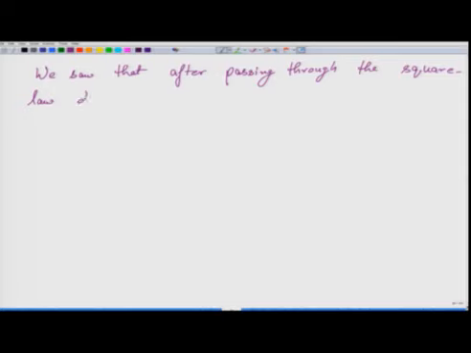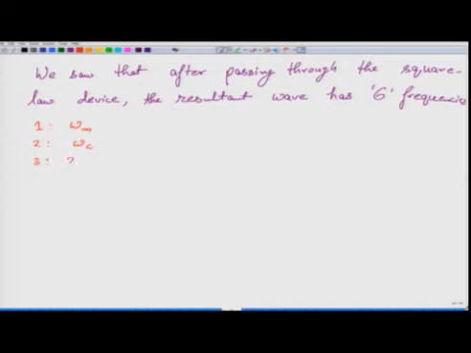So, what we saw is, let us write it, that after passing through the square law device, the resultant wave has 6 frequencies, and they are number 1 omega m, number 2 omega c, number 3 2 omega m, number 4 2 omega c, number 5 omega m plus omega c, and number 6 omega c minus omega m.